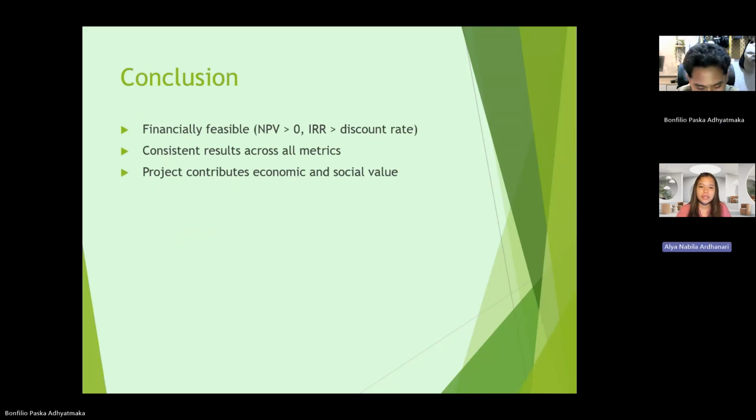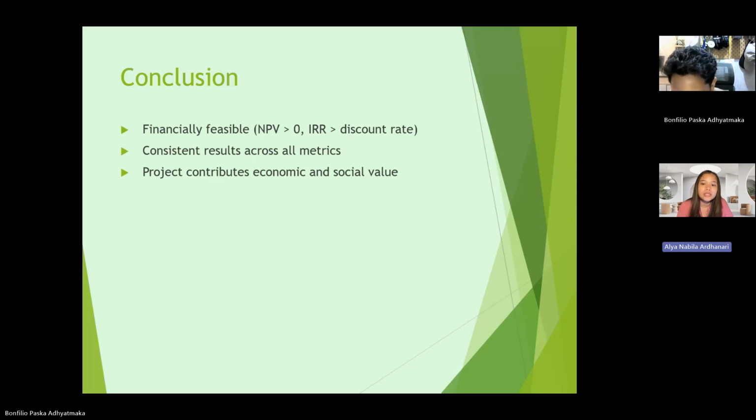Okay, so in conclusion, the rural bridge construction project is clearly financially feasible. The net present value is positive, and the internal rate of return exceeds the discount rate, confirming that the project is profitable.